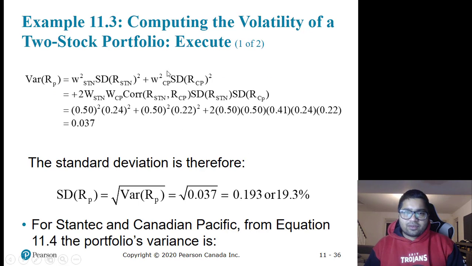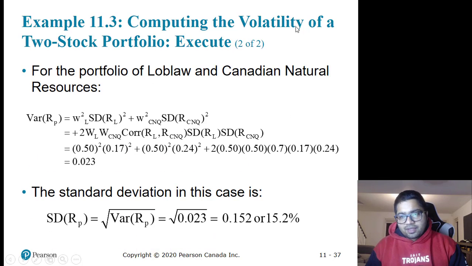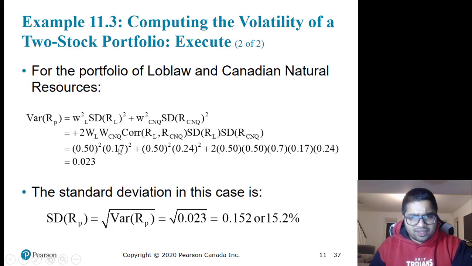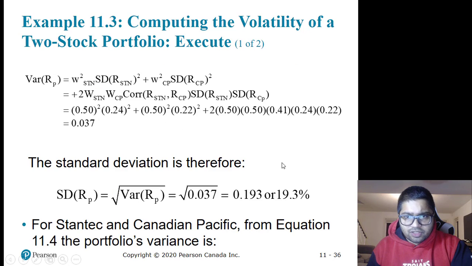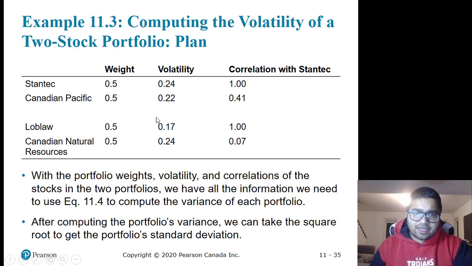So they have done the calculation. 19.3 is the answer for 1. 15.2 is the answer for 2. That's not right. There is a mistake here too.